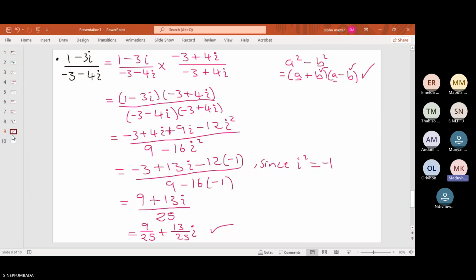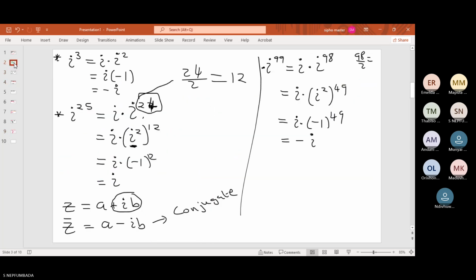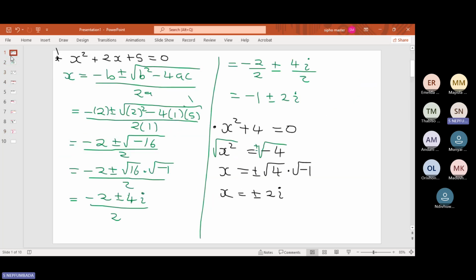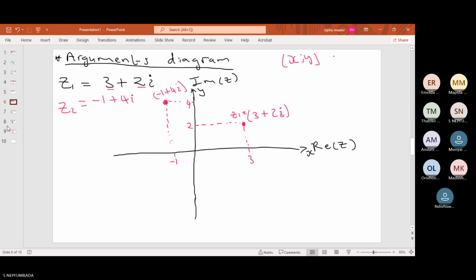Argand diagram. Yeah, in fact, let's take this time as question time. There we go. Argand diagram, zero reflected the imaginary and the real.